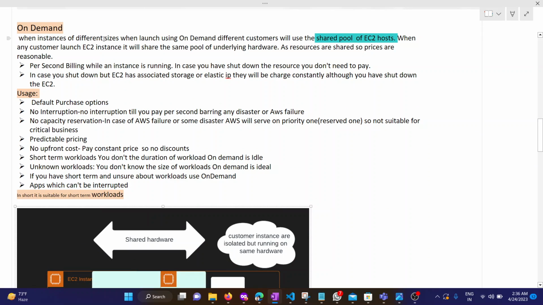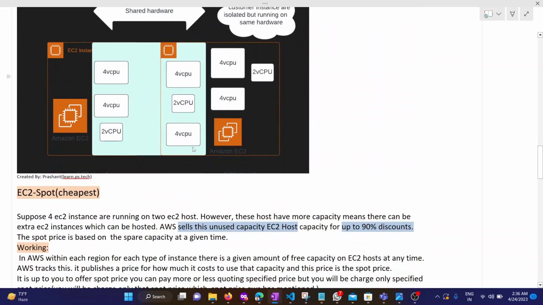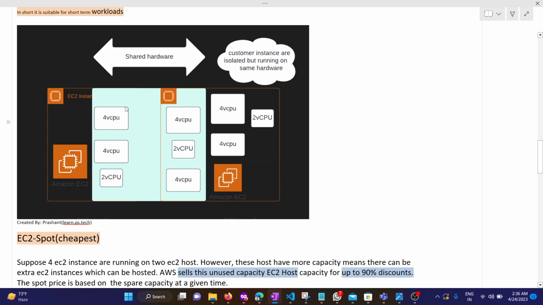We have understood different sizes when launching using on demand. Different customers will have isolated instances. Suppose I am creating an EC2 instance and another person B is creating an EC2 instance.